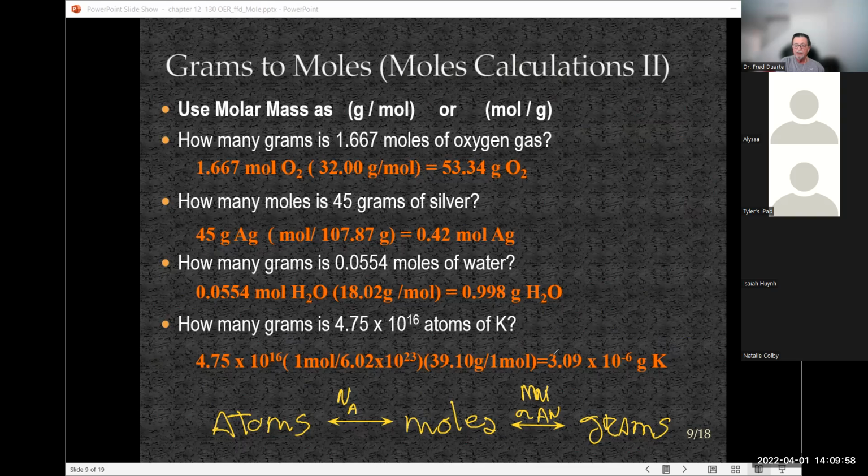We cannot bypass the moles. We got to go through moles. That is the common factor that these calculations have to go from point A to point B. And we'll have a flow chart here in a bit to kind of put everything together so you can use the flow chart to help you through the calculations.